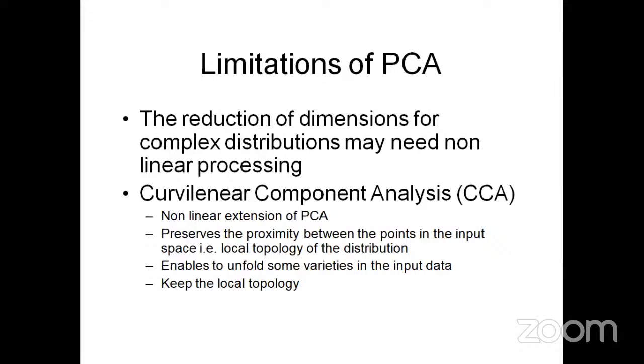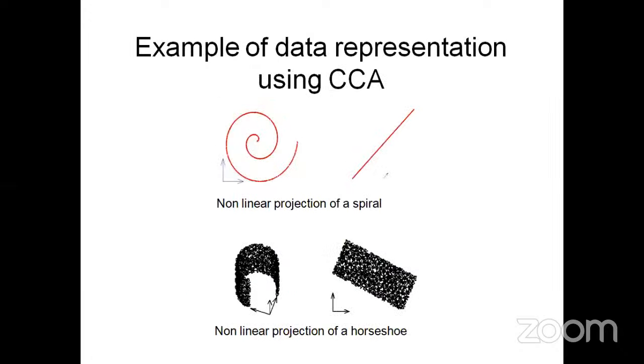Limitations of PCA: the reduction of dimensions for complex distributions may need non-linear processing and curvilinear component analysis, a non-linear extension of PCA that preserves the proximity between the points in the input space, that is the local topology of the distribution. It enables unfolding some varieties in the input data and keeping the local topology. That is all.